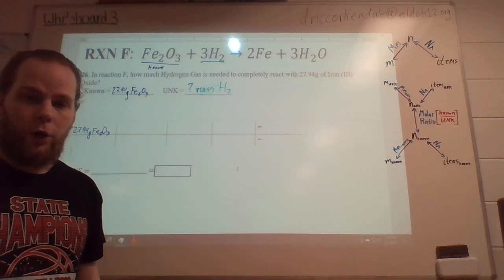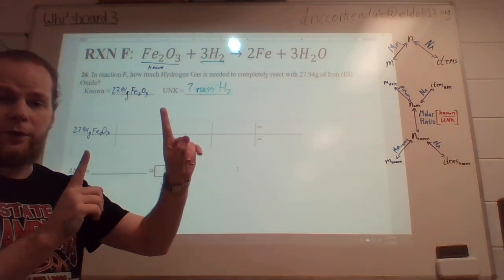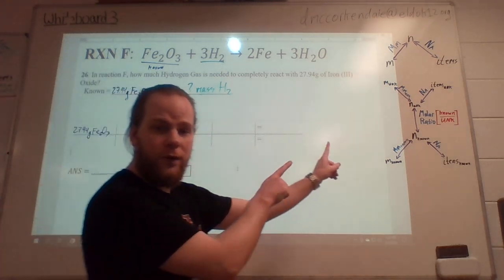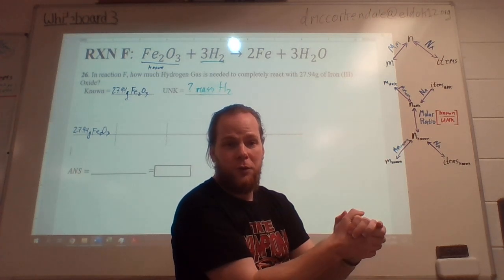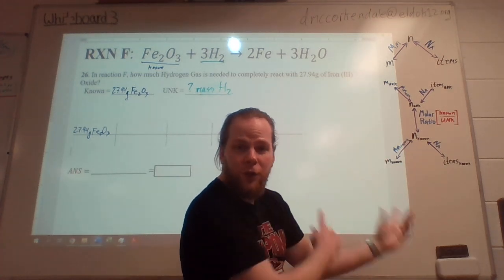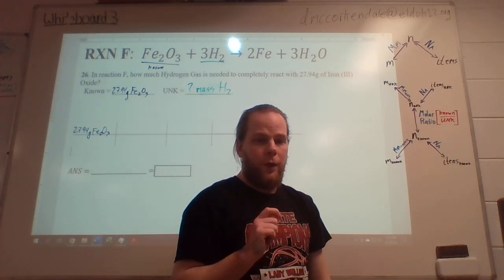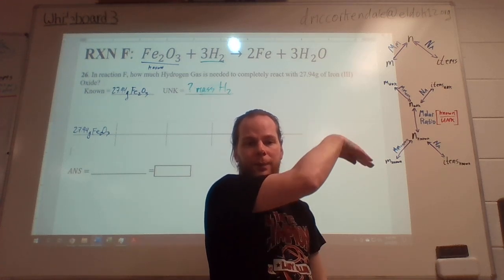Now, before we do anything else, and you should always get to this point first, you need to go to this thing here, and you need to go, okay, what is my unknown? Where is my unknown? We know that we're after the mass of H2. Okay, now this is broken up into the top half and the bottom half.